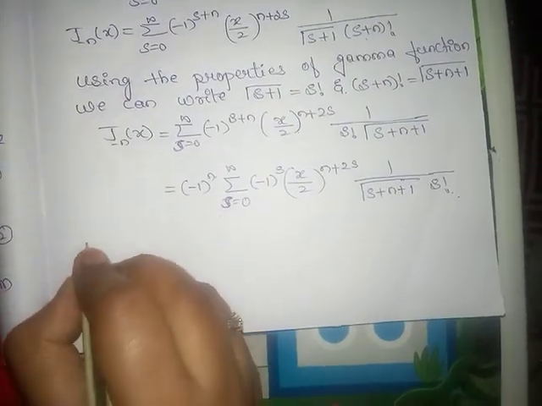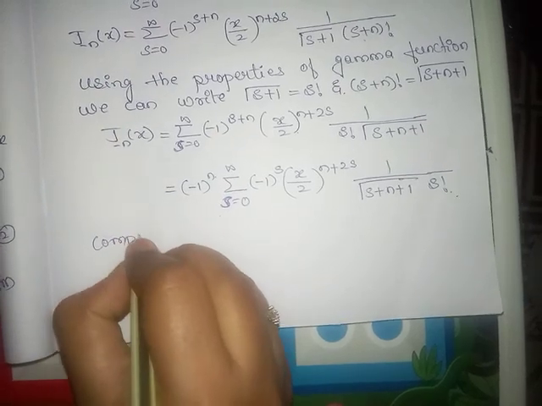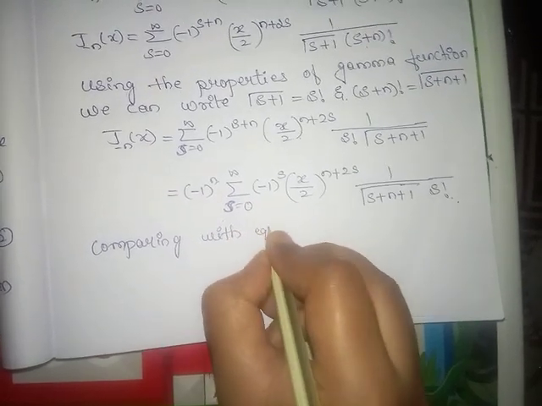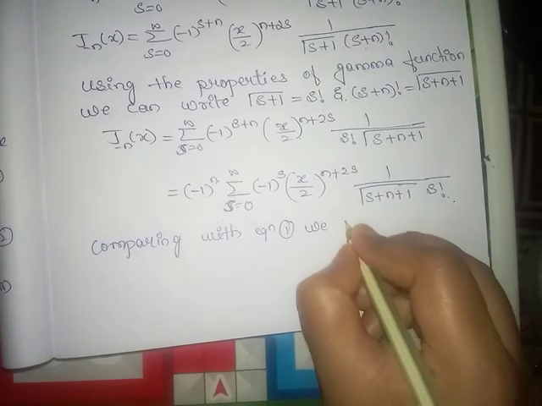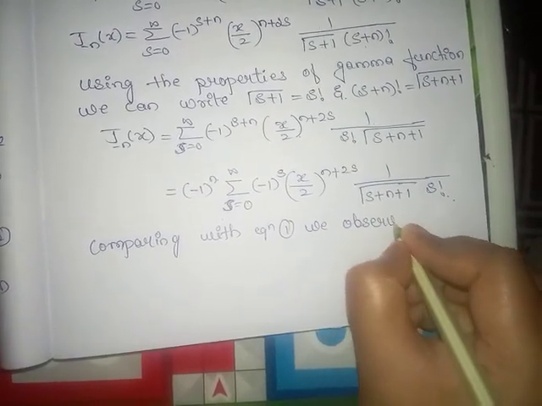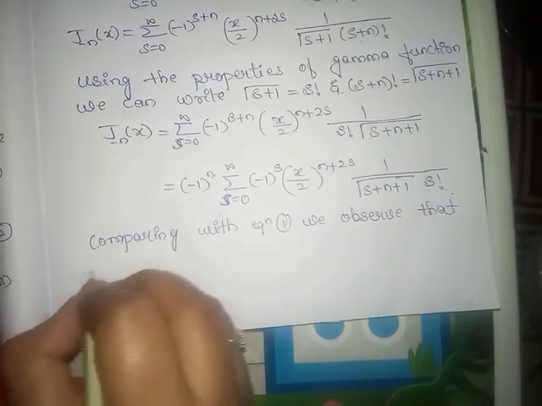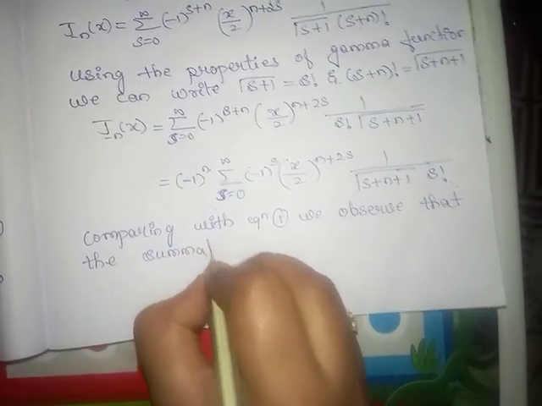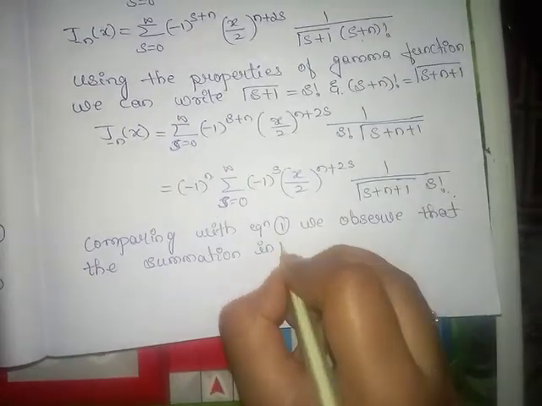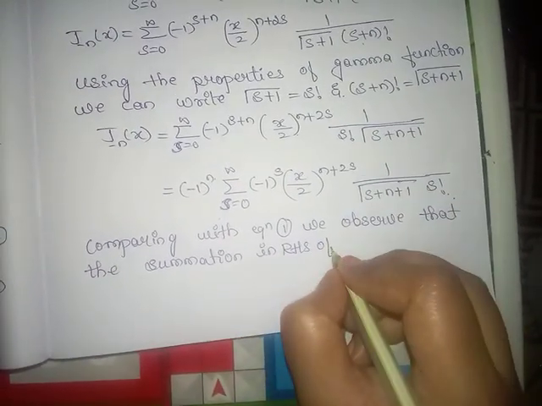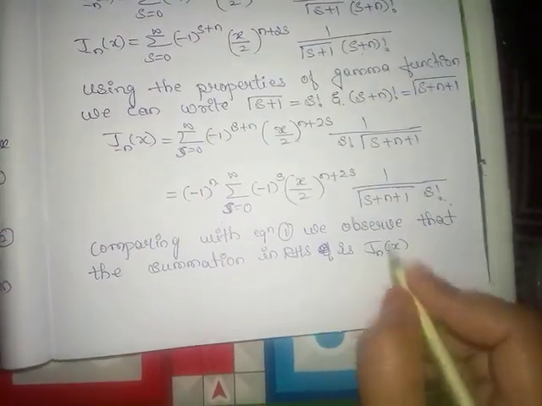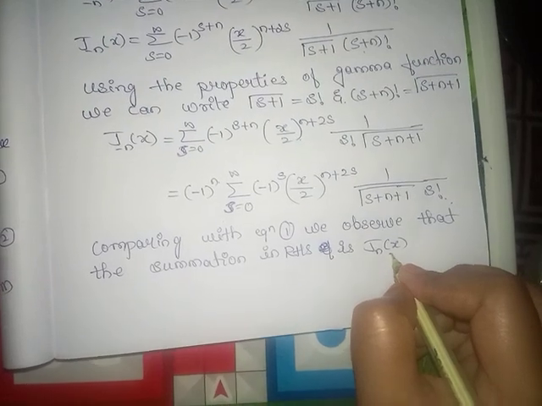Comparing with equation 1, we observe that the summation on the RHS is Jn of x. This means this is the same as Jn of x.